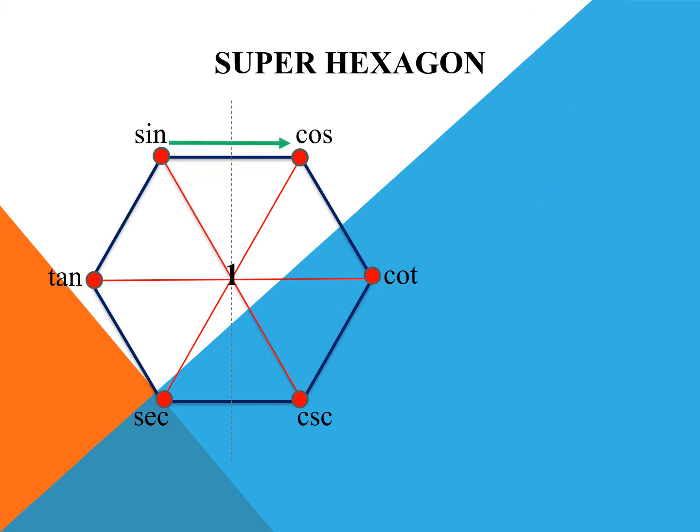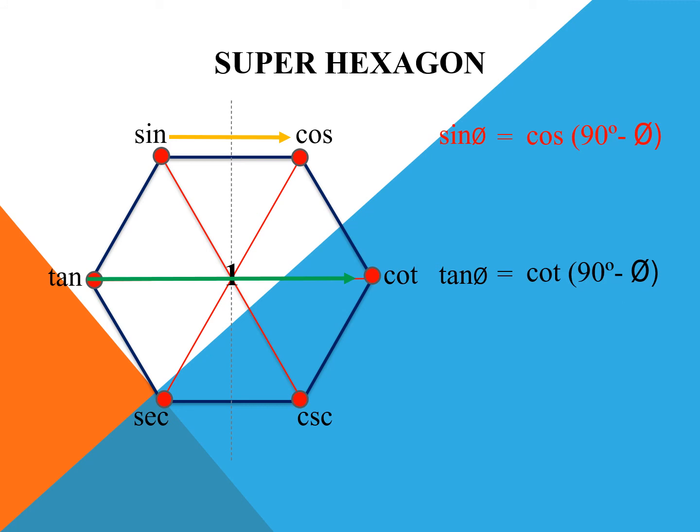Let us draw a horizontal arrow. Sine theta is equal to cosine of 90 degrees minus theta. Tangent theta is equal to cotangent of 90 degrees minus theta. Secant theta is equal to cosecant of 90 degrees minus theta. What about if the arrow changes direction?